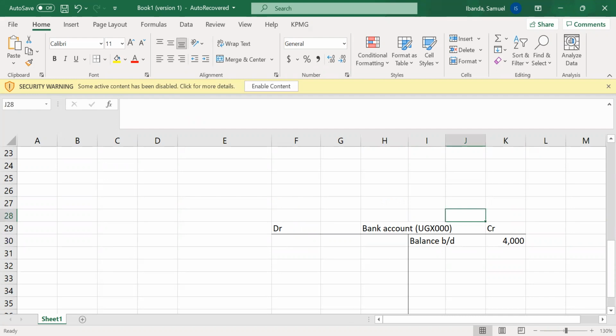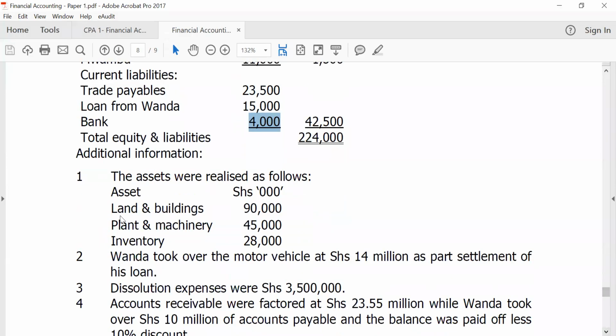So I want to show you how we now sell off these assets and what the double entry is. Since we have already transferred the values of, let's say, land and building from the land and building account to the realization account, that's where they sit. When we sell off these assets, the proceeds should go through the realization account.